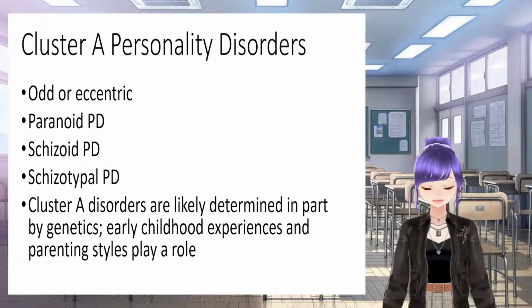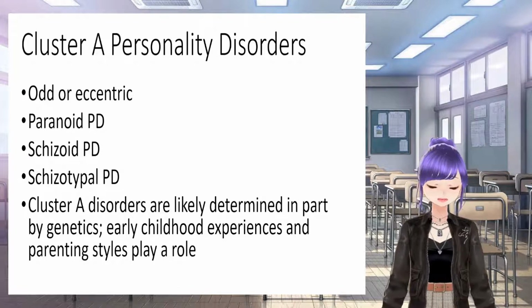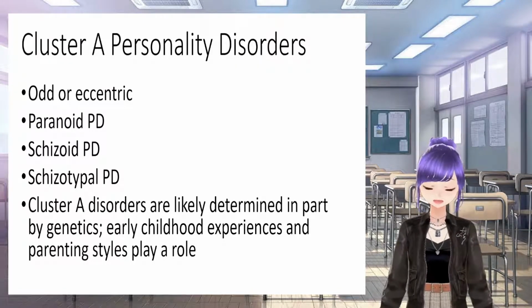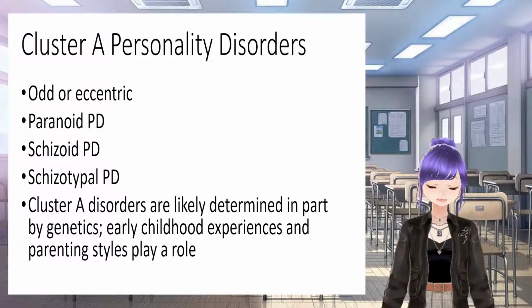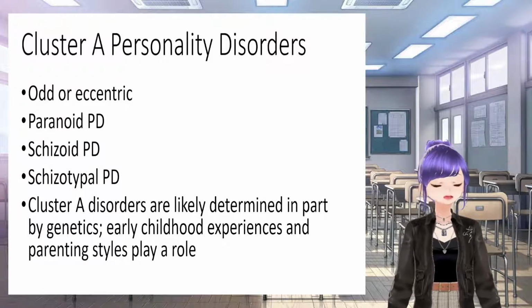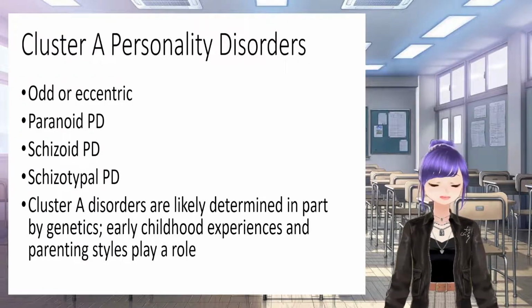A person with paranoid personality disorder harbors a pervasive and unjustifiable suspiciousness and mistrust of others, is reluctant to confide in or become close to others, reads hidden threatening meaning into benign remarks or events, and takes offense and bears grudges easily.